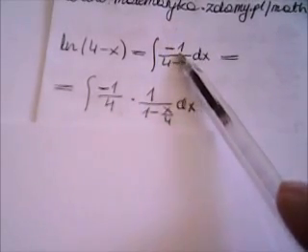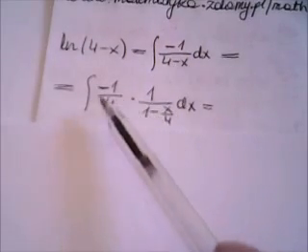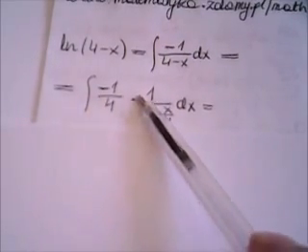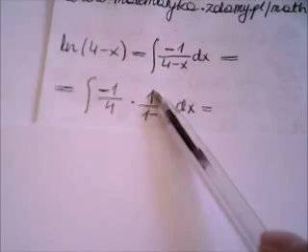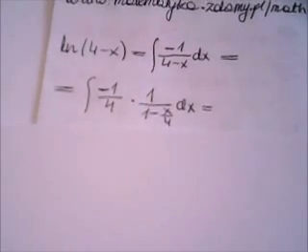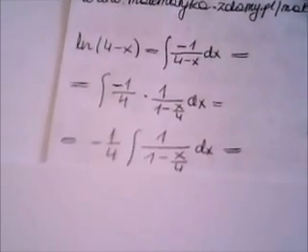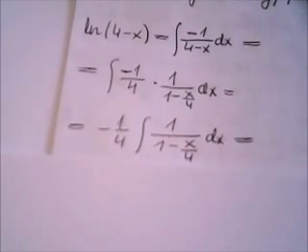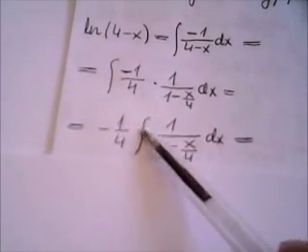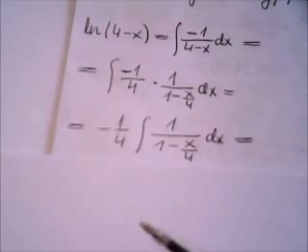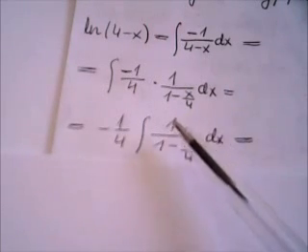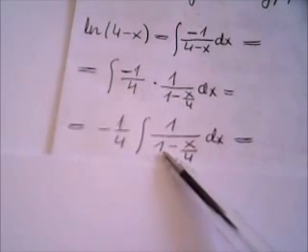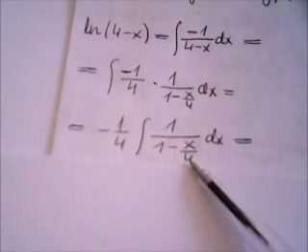The numerator was minus 1, now minus 1 times 1. Minus 1 over 4 is constant. Because of that, minus 1 over 4 is in front of the integral, and our integrand is 1 over 1 minus x over 4.